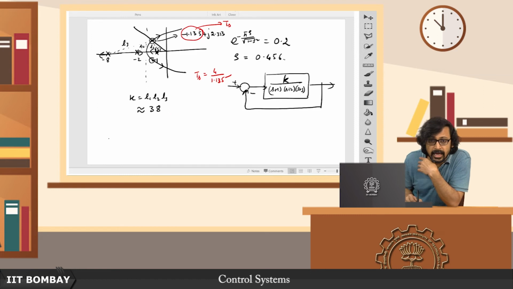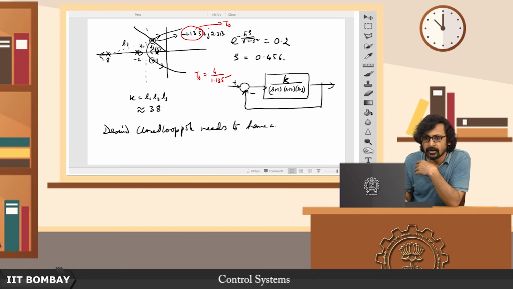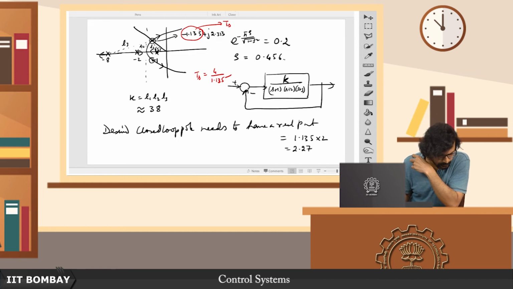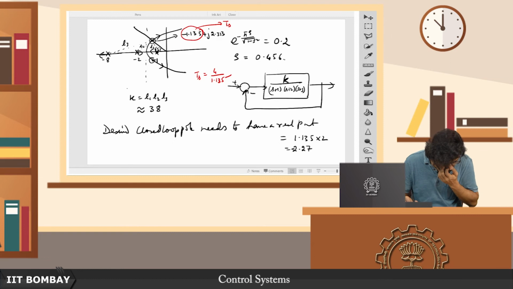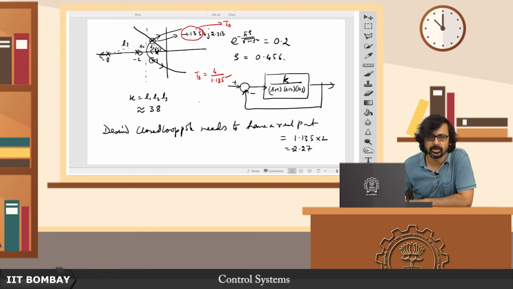That will tell me my desired closed loop pole. The desired closed loop pole needs to have a real part equal to 1.135 into 2, which is 2.27, with a minus sign of course, because it has to be on the negative side. So this is at minus 2.27.